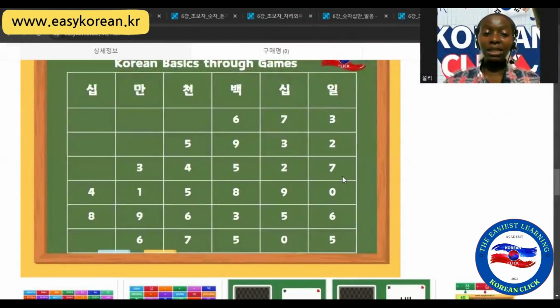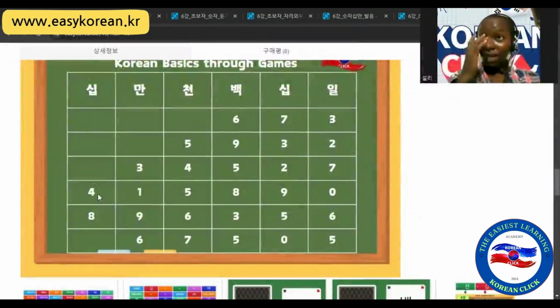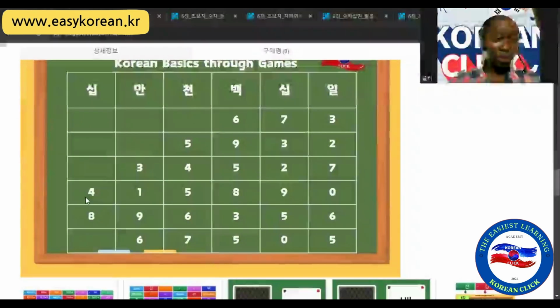Can you do that again? 34,527. 오, 잘했어요. 정말 잘했어요.